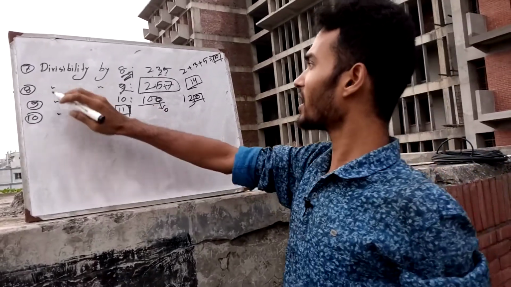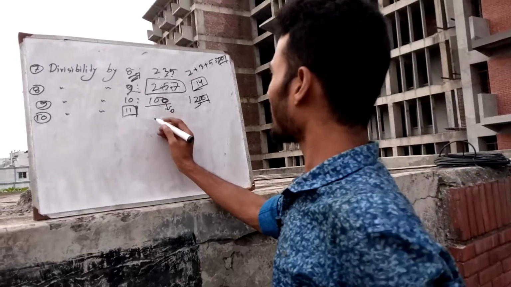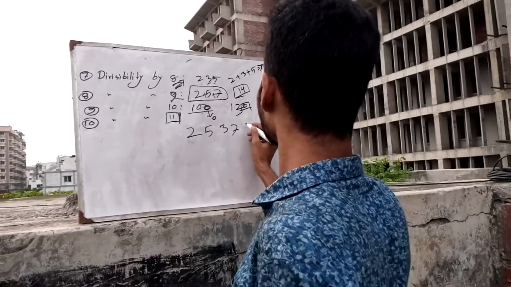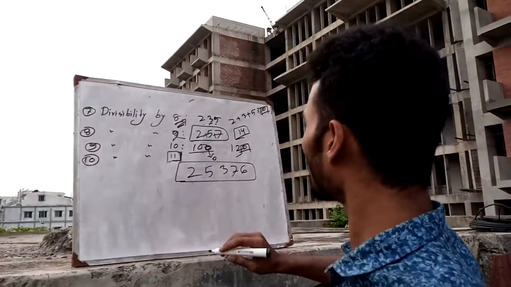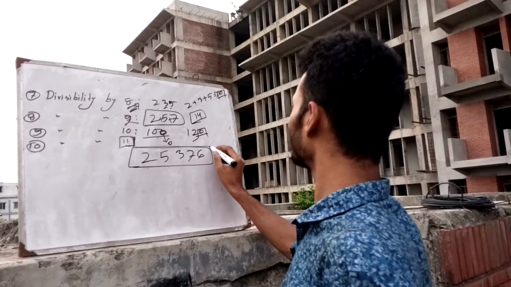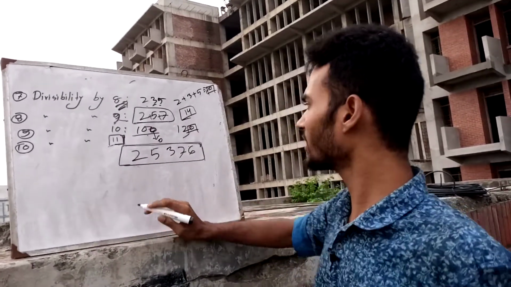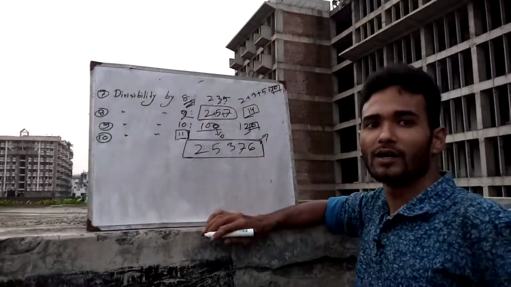Now go for the divisibility check by 11. Can the number be divided by 11 or not? To identify the answer, we have to go with a method.